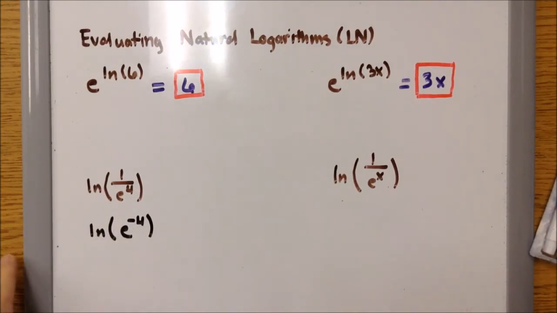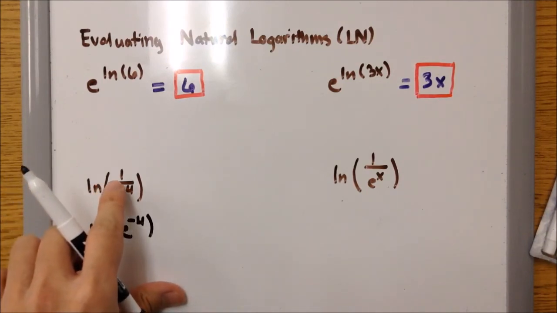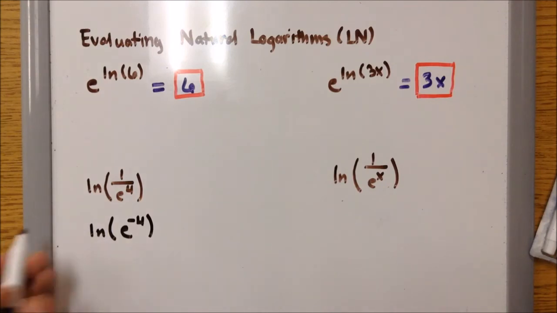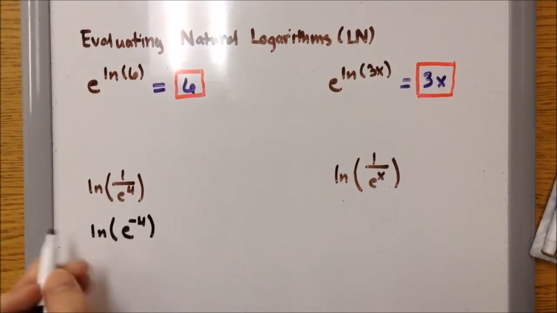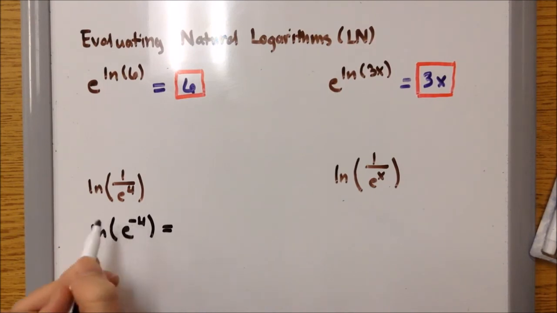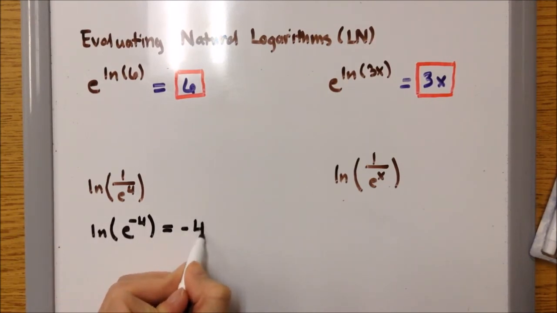That's it. So 1 over e to the 4 is the same as e to the negative 4th power. Whenever you have ln next to e, then simply the exponent for e is the answer, so negative 4.